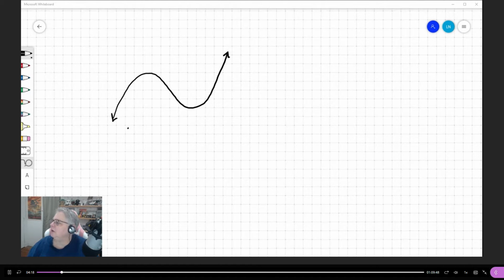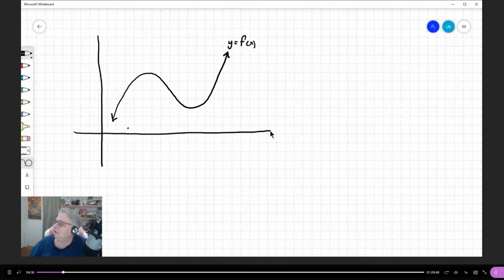I'm going to use this as my example function, y equals f of x. If I impose an xy axis on this, and let's say I take an interval from A to B like that.